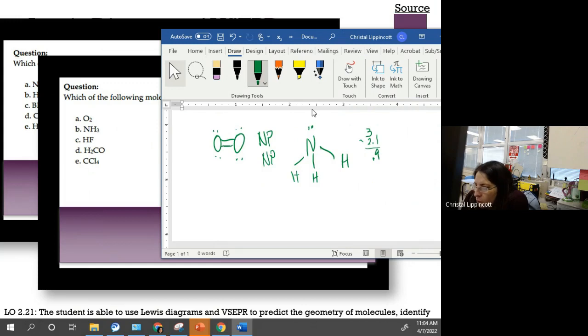It's polar covalent, because it's 2 nonmetals, and it's polar because of the electronegativity difference. Is this a polar molecule or not? It's polar. Anytime you have lone pairs of electrons on the central atom, it is polar. So it's a polar bond and a polar molecule.